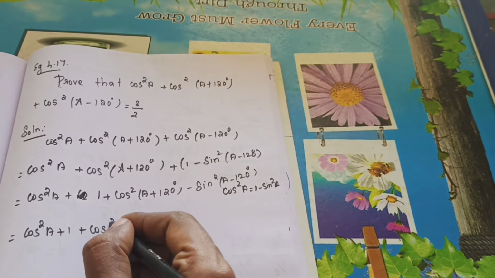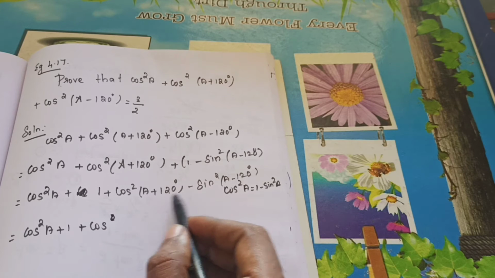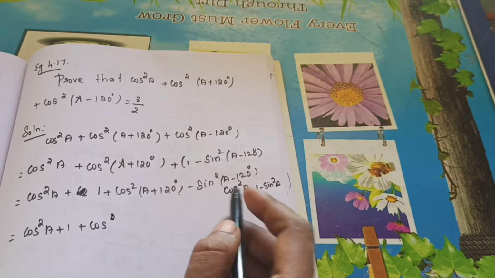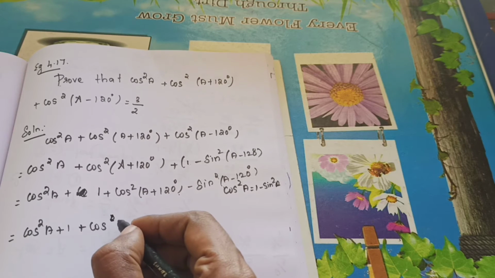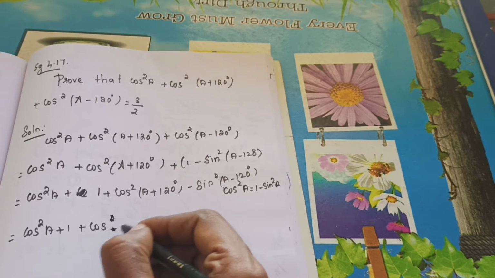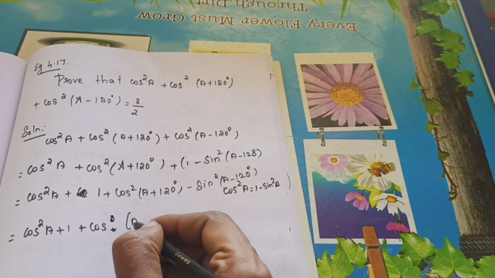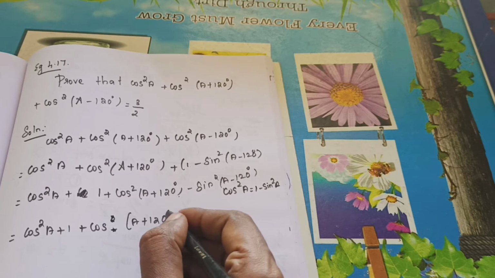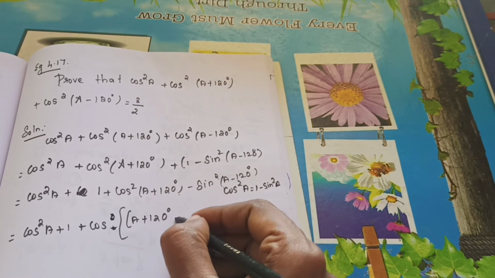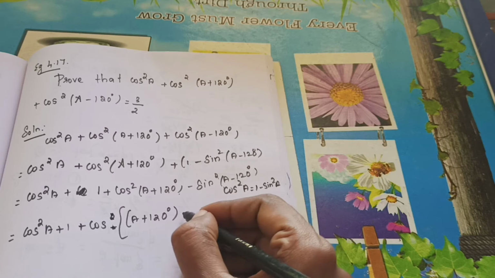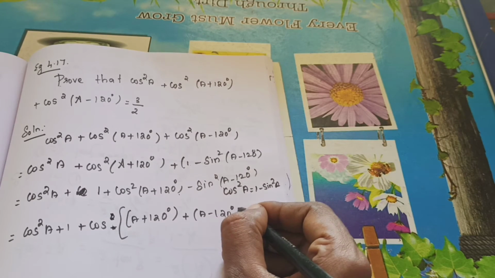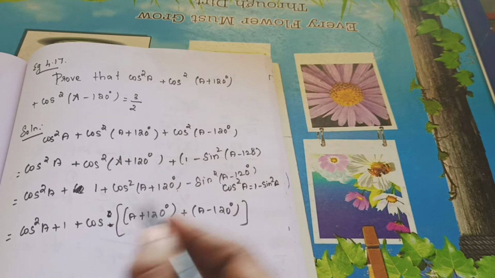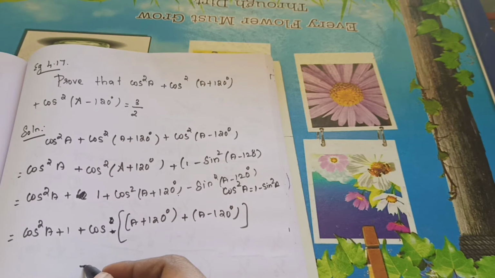That is equal to cos square A plus 1 plus cos square (A plus B) minus sin square (A plus B). That also you have learned the formula. We can use the formula. What's the formula? Cos of (A plus 120 degree) plus (A minus 120 degree), and minus, is it right?